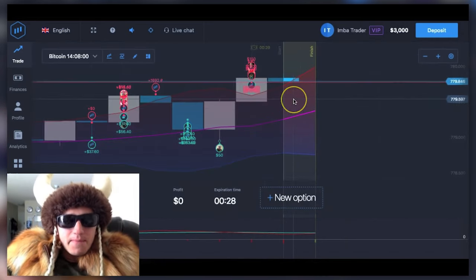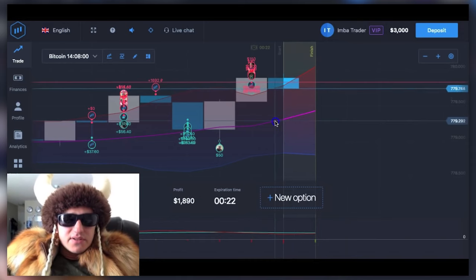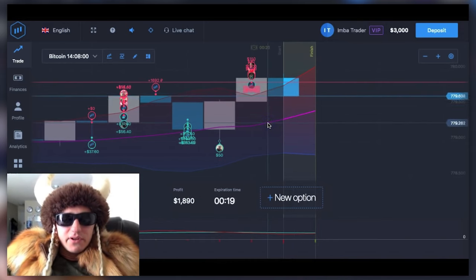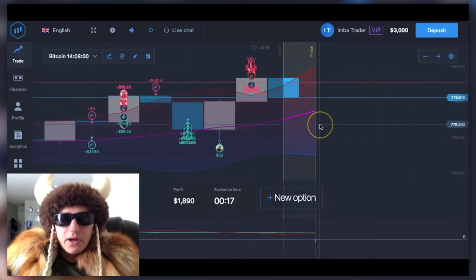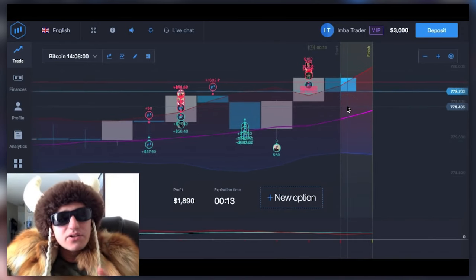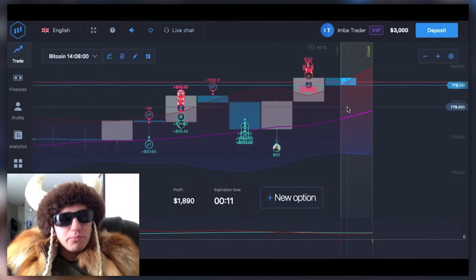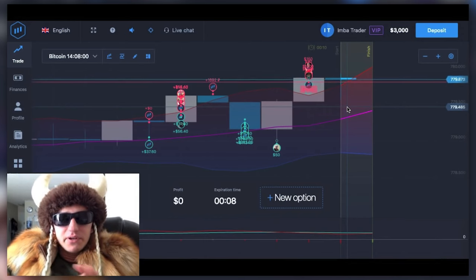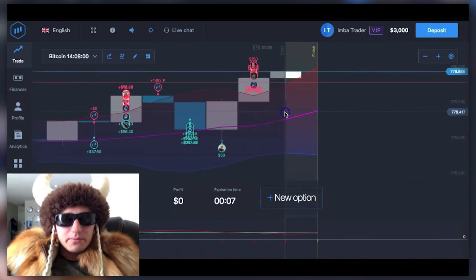So that's why I make the put stake here, because I suspect that it will go immediately down after that. Of course, it's not always the case, but in most cases it helps me to win.